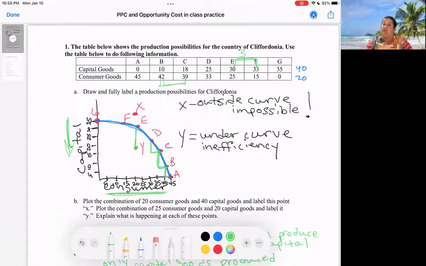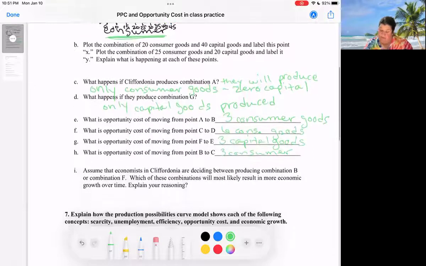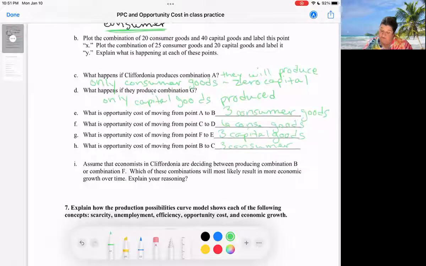Because you're using those goods to make more goods, as opposed to consumer goods, which you make, they get consumed, that's it, their shelf life, they're done. Capital goods, you make it, and then somebody's going to take those things and make something else with it. So the potential to shift the curve and have more growth is significantly greater. So which are we going to pick, point B or point F, if we are looking for growth over time?